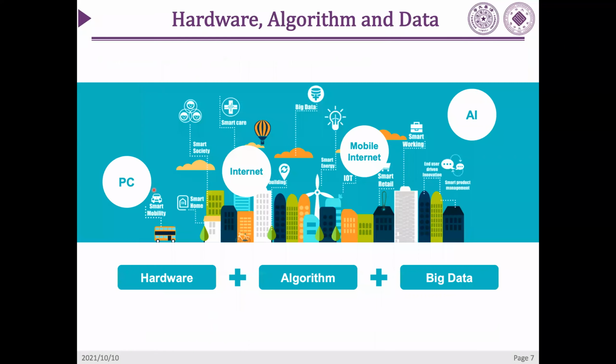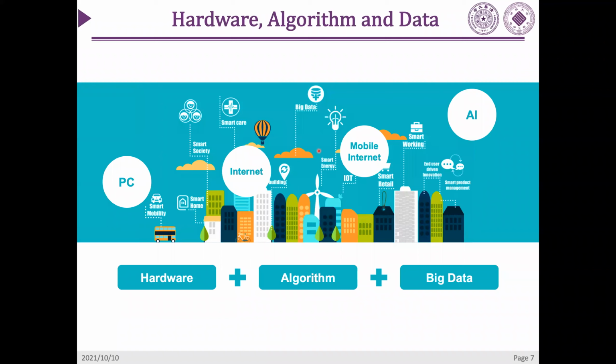So this is only two very simple examples. And the application of deep learning in the real world is inseparable from three basic elements: the hardware, the algorithm, and the big data. Because we are from the PC era to internet era to the mobile internet era, and lots of data generated.